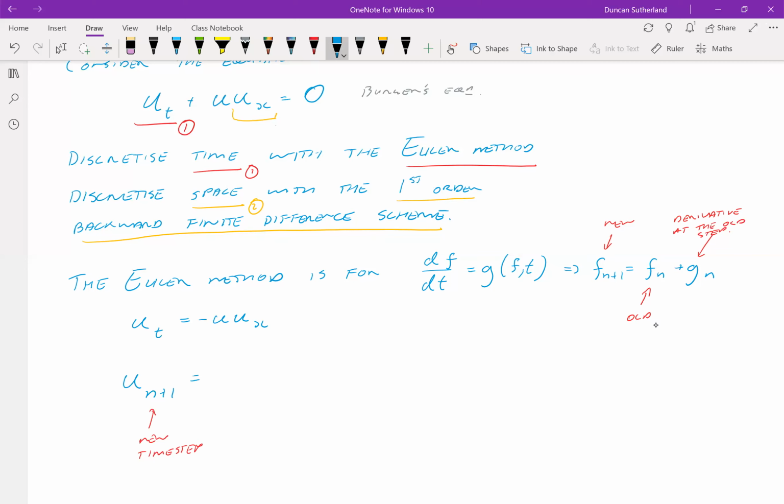Equals our data at our old time step plus, oops, I need a dt in here. So I need minus delta t, because of the minus sign there, u_x at time step n.